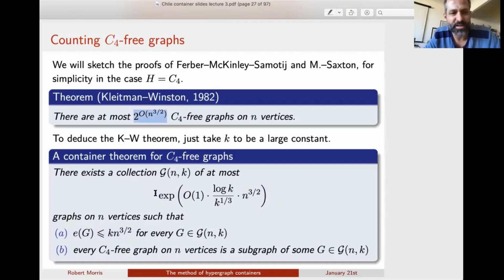So there are 2 to the constant n to the 3 over 2 containers, and each one has 2 to the constant n to the 3 over 2 subgraphs, when k is a constant. This container theorem is true for all k bigger than some large constant, and this is going to be useful for some other application that I'll try to discuss.